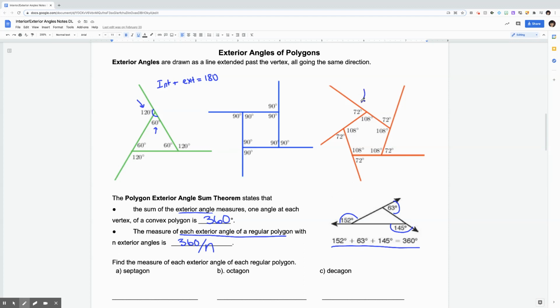So for example, in this pentagon right here, if I want to find the measure of each exterior angle, I'm going to do 360 divided by the number of sides, which is 5. And that gives me 72, which is what you see in the actual drawing here.